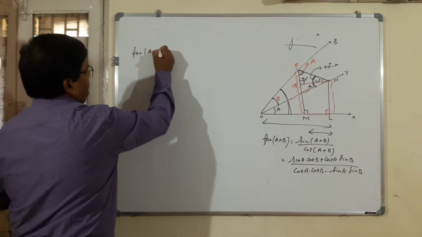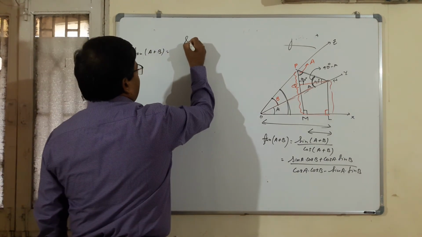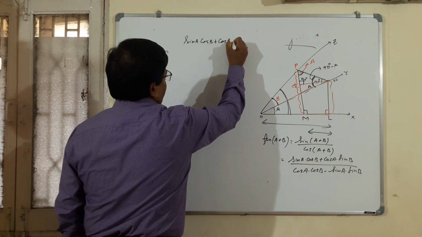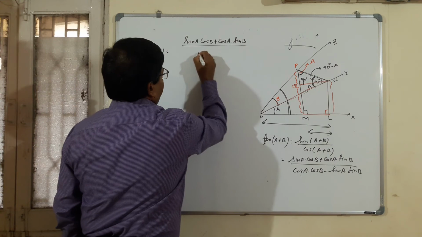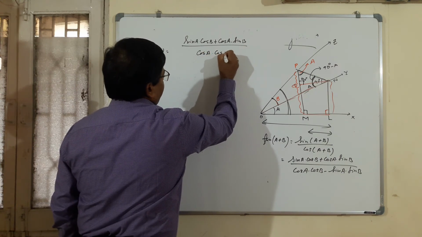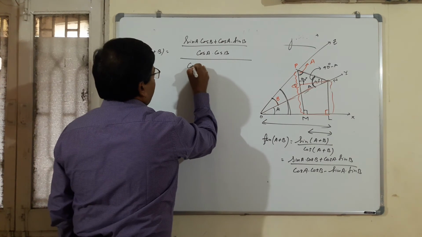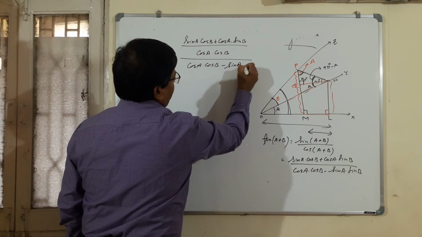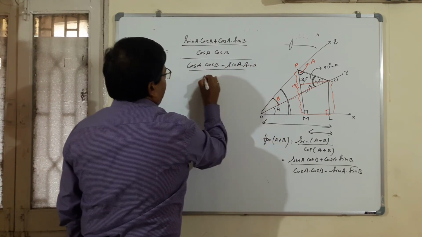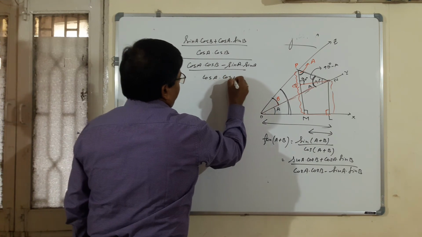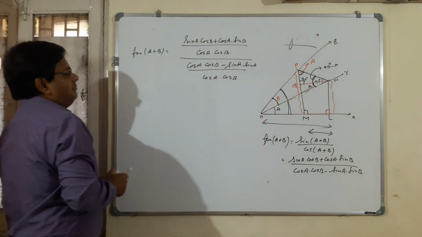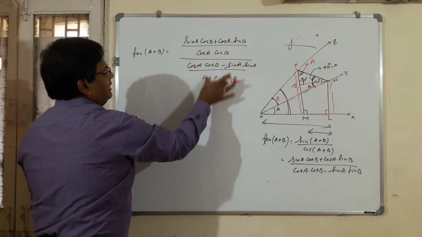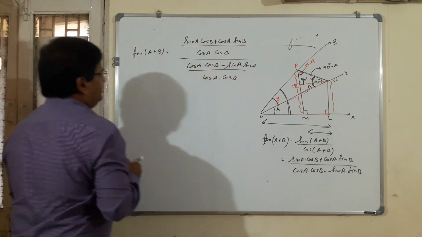tan A plus B is equal to sin A into cos B plus cos A into sin B divided by cos A into cos B. Here also cos A into cos B minus sin A into sin B divided by cos A into cos B. There is no change, because the cos A into cos B cancel.